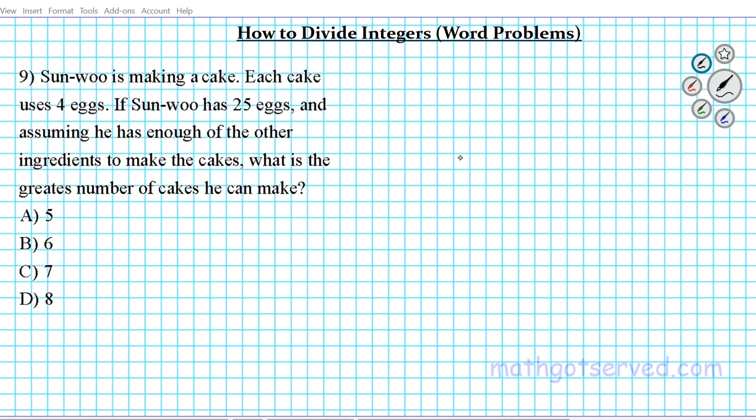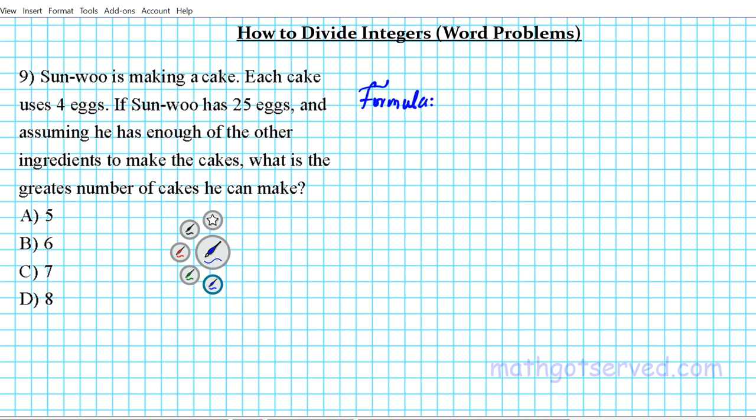in this problem, we're going to start by writing down the formula that will guide our problem solving process. All right, so we're going to use a derivation approach again, like we did in the previous problem. We're going to start with the formula that we covered in the previous presentation, part 1 of this series, which is how to find the total amount.